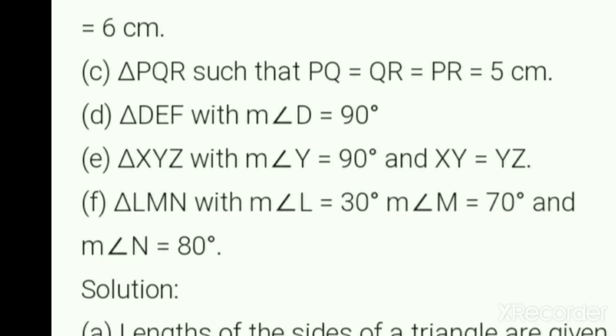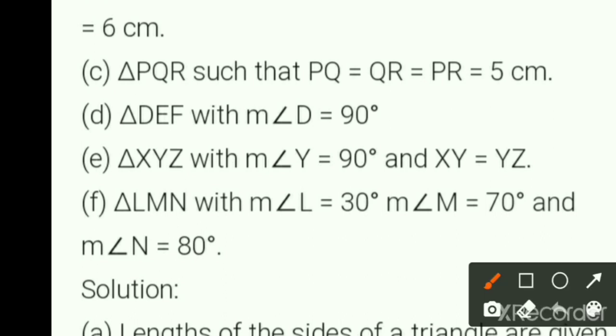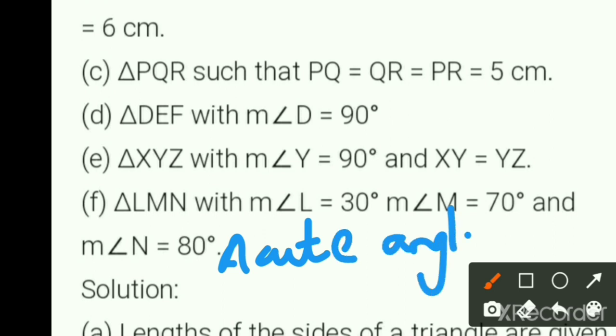Yes or no? 30 degree is less than 90, 70 also is less than 90 and 80 is also less than 90. If three angles are less than 90, then what triangle is it? It is an acute angle triangle. So F question, the answer is acute angled triangle.